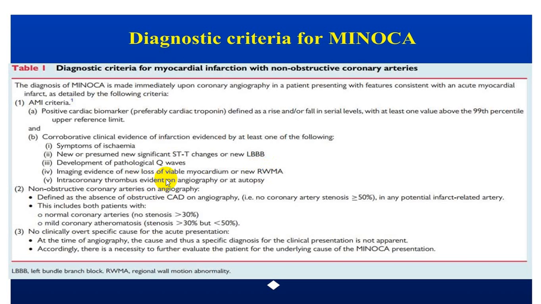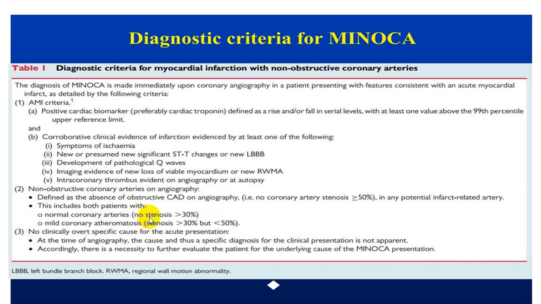And angiography-wise, with an obstructive coronary artery there is clear-cut complete occlusion of the coronary artery, while non-obstructive coronary artery on angiography will show absence of obstruction, less than 50%. And this includes normal coronary artery, no stenosis, or mild coronary artery stenosis more than 30% but less than 50%. So any one of these can be seen.